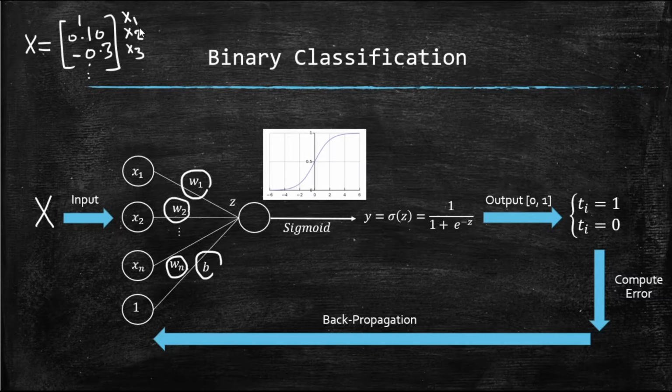So if I want to write down Z for you, Z will equal W1 X1 plus W2 X2 plus all the way to b multiplied by 1, this unit right here, which is b itself, so I'm not going to write it down. This is what you would have for Z. So Z is nothing but a linear combination of the input units.